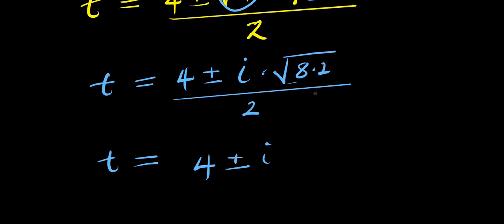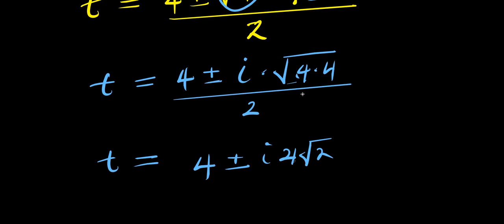We can also express the square root of 16 as square root of 4 times 4, because 4 times 4 is still 16. Have you seen it? So we have square root of 4, that is 2, and square root of 4 again, that is 2. So we are going to have 2 times 2, which is 4.